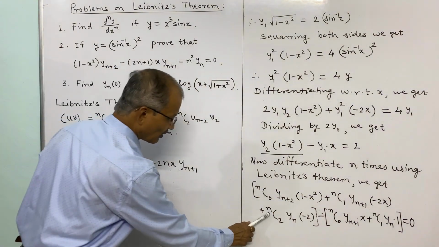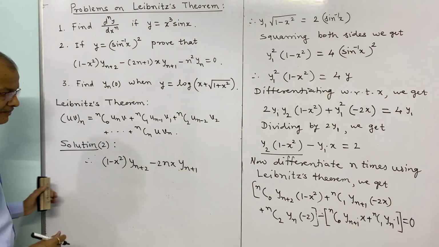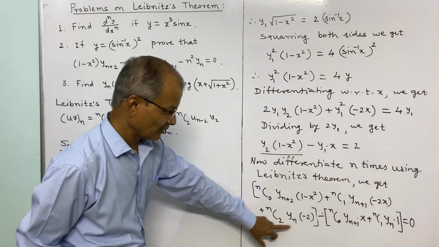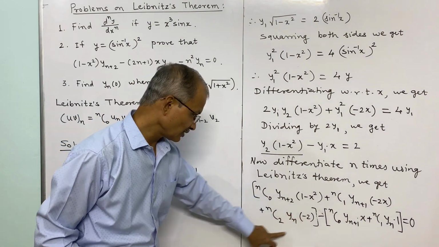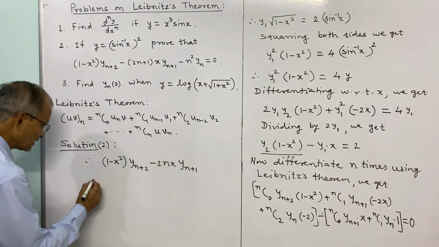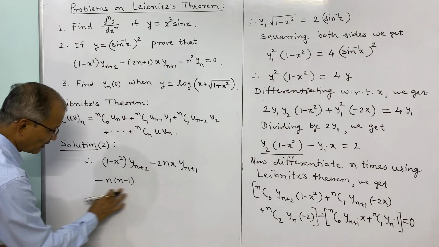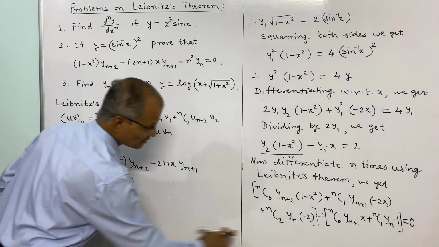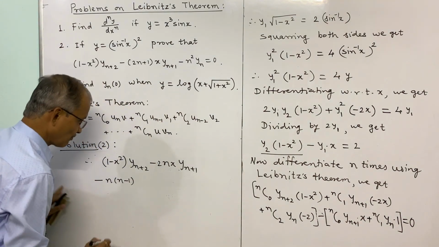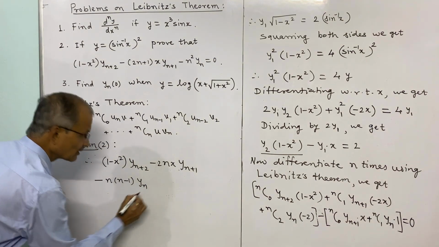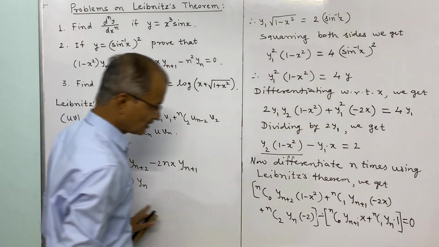And now what is n choose 2, that is n into n minus 1 divided by 2, and this is 2. So that 2 cancels and there is a minus sign. So I shall write n into n minus 1 divided by 2 factorial, but 2 factorial is 2 and that cancels with this, yn, the nth derivative of y. So this we have written.